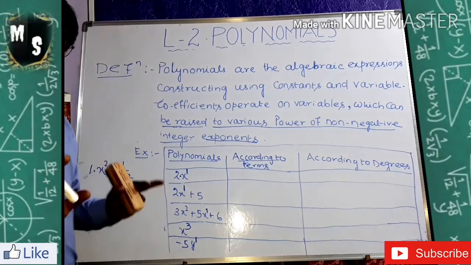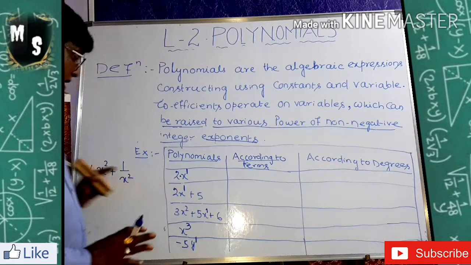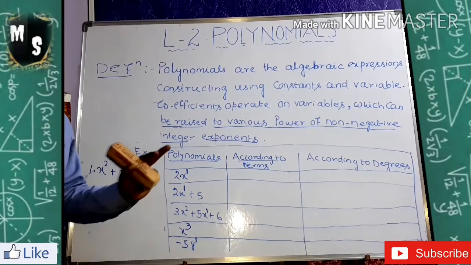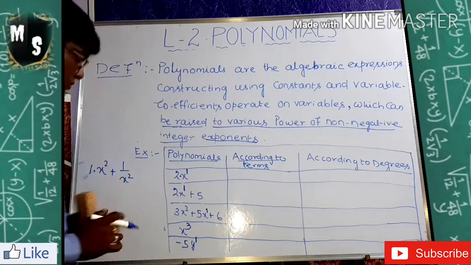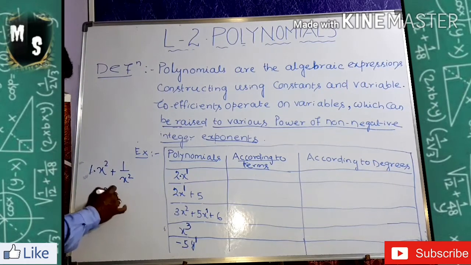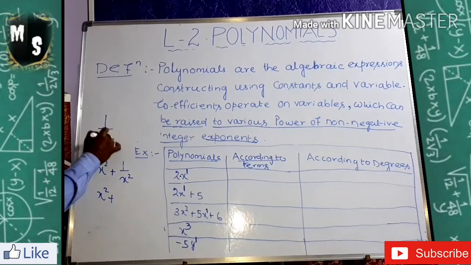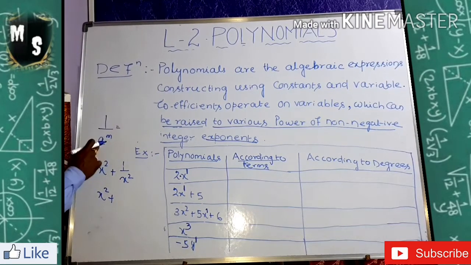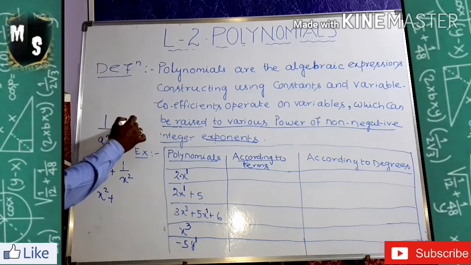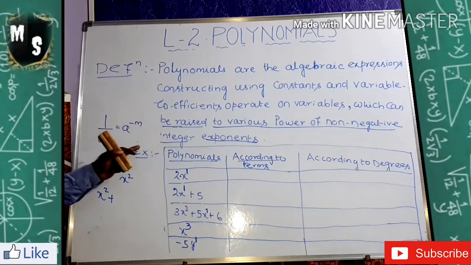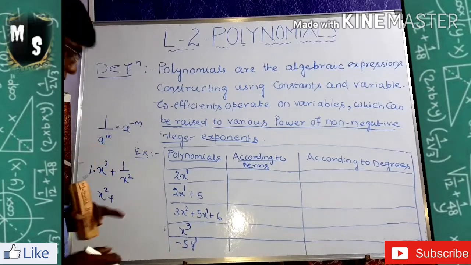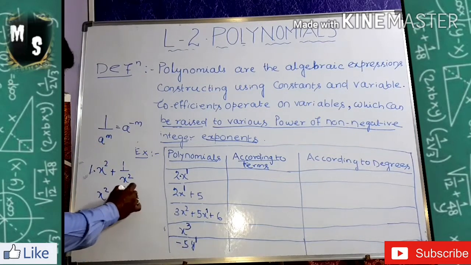But can I call this algebraic expression a polynomial? No. Why? Because x square plus 1 by x to the power 2, according to the law of exponents, 1 by a to the power m can be written as a to the power minus m. You already know about it from our 7th or 8th class. So it can be written as x to the power minus 2.